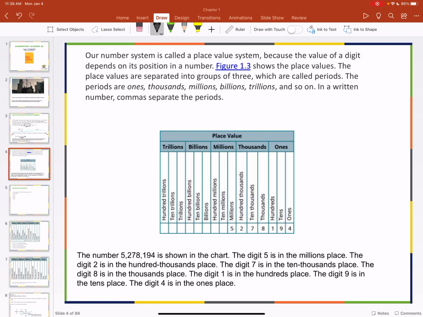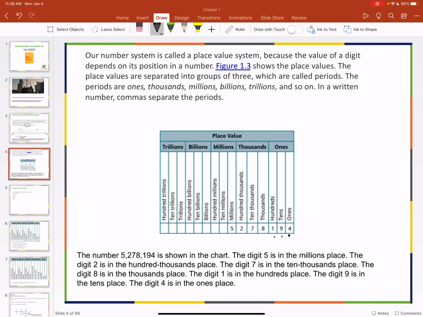Okay. So the number system, you may have heard this before, and I'm sure you have, where the value of a digit depends on where its position is in the number. So this is a place value chart. Okay, so we have groups of 3, which are called periods. So we have here the ones period. So that would be ones, tens, and hundreds.